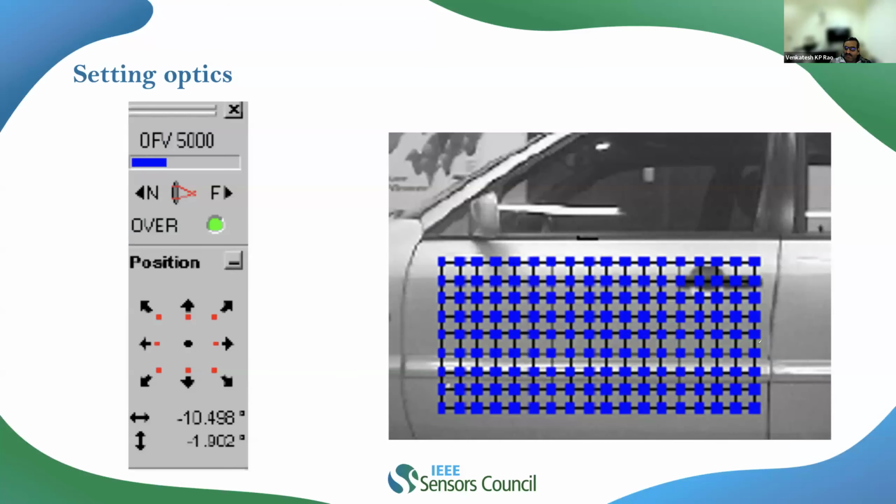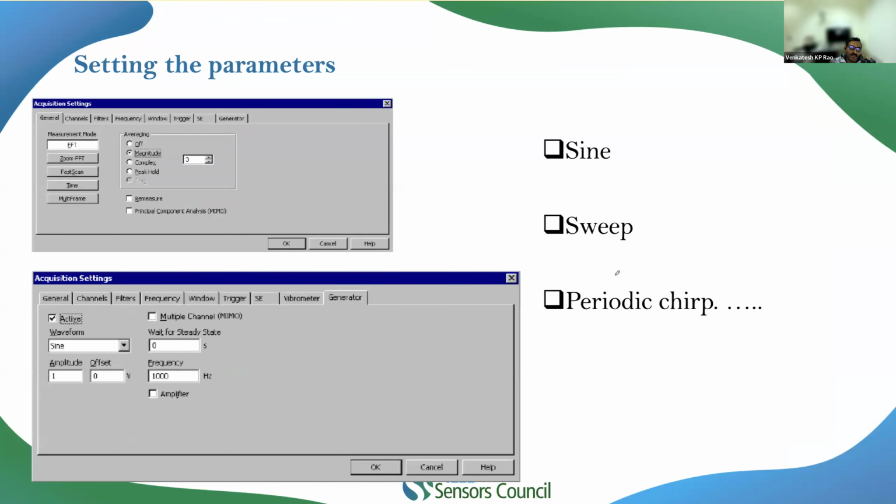I can acquire the images of this, define the scan points, and set the optics. By setting up the optics, we need to ensure that we get the desired reflection back from the structure. And while setting up the parameters, you can look at things from the time domain or from the frequency domain.